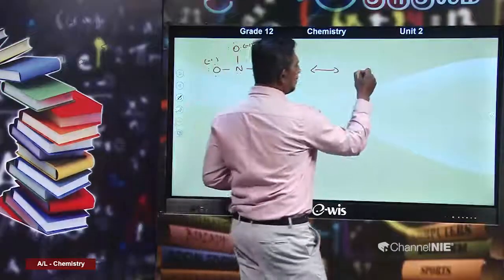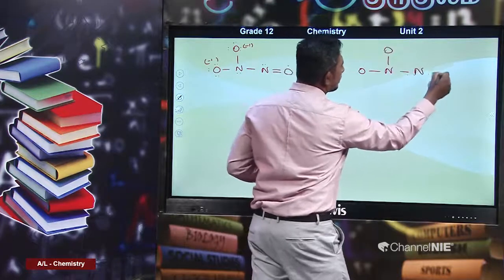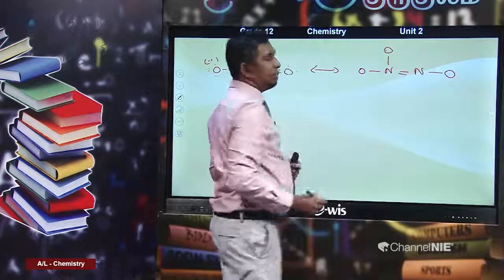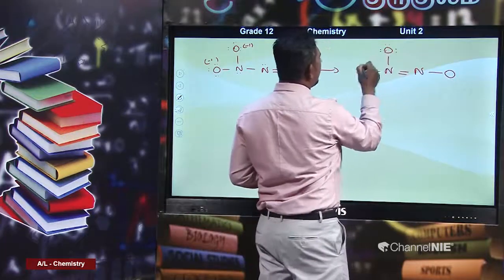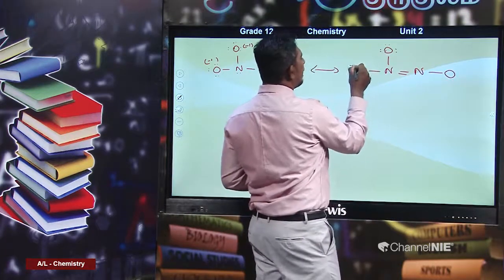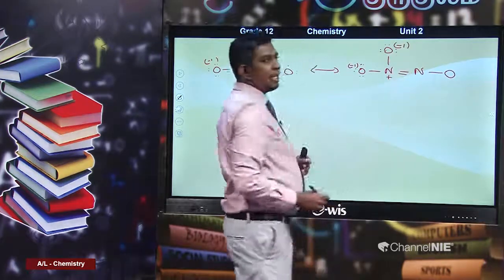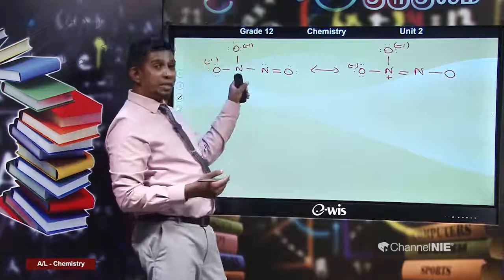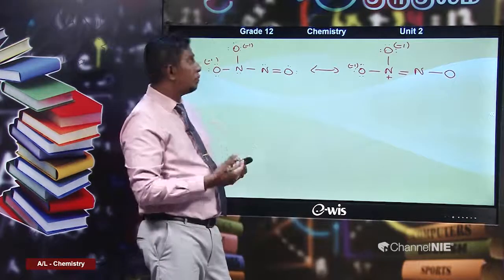So with the same skeleton, you have a pi bond here, then still you have -1 charge here, -1 charge here. But here it's a +1 after that dative bond, using this lone pair, forming a dative bond as a pi bond.